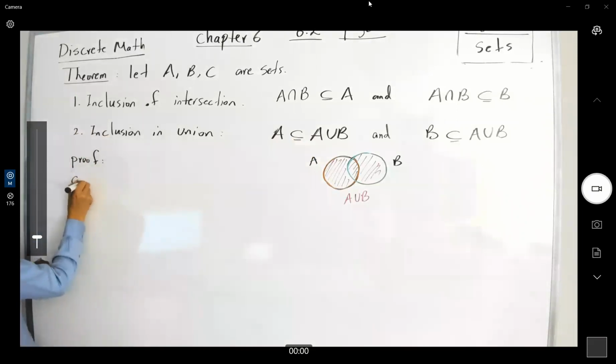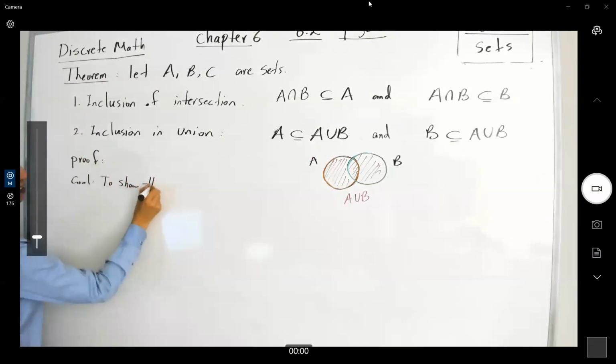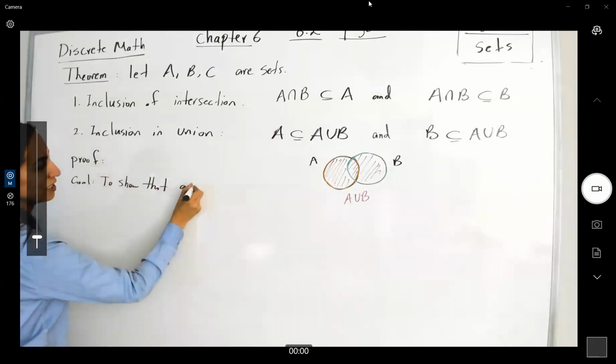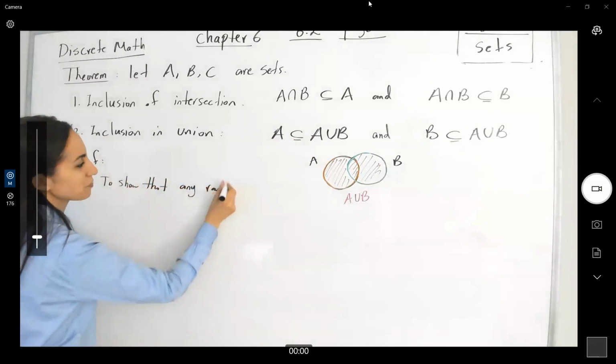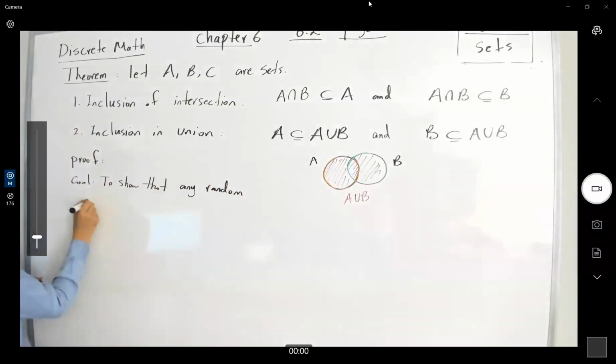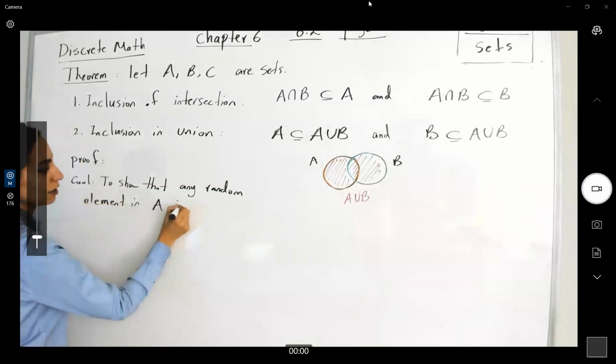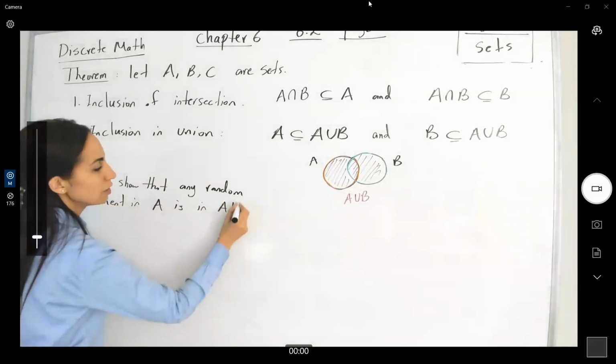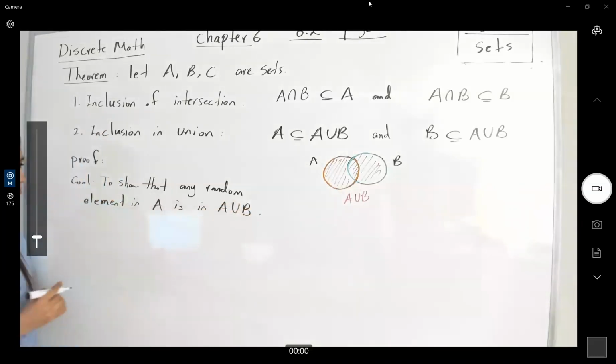So our goal is to show that any random element in A is in A union B.